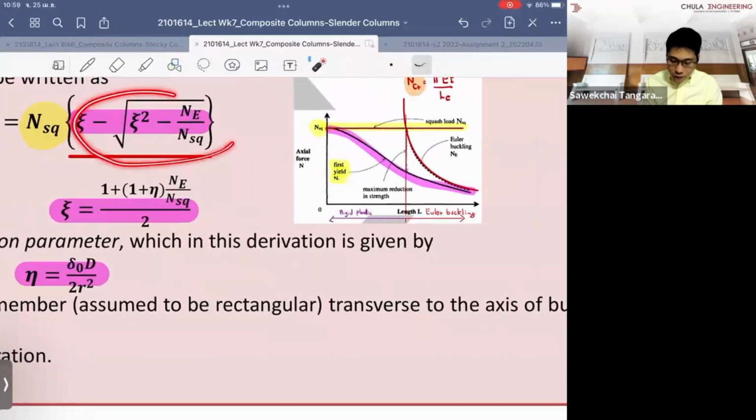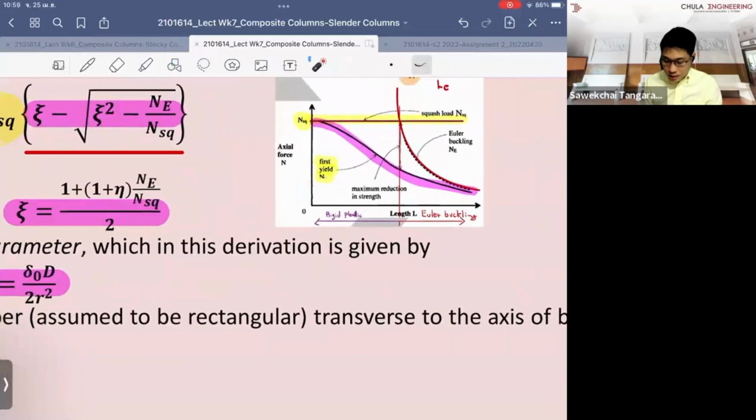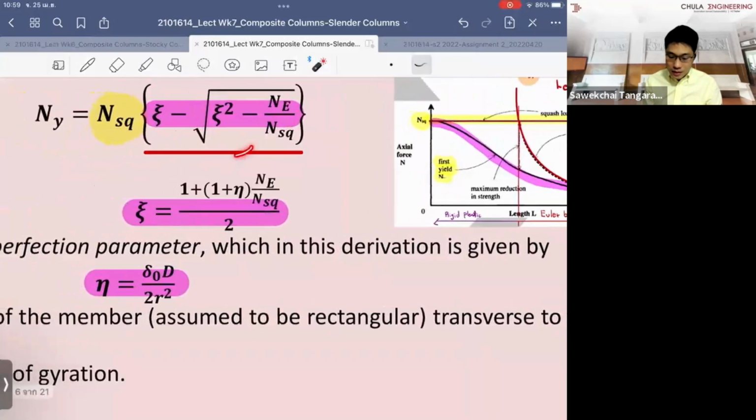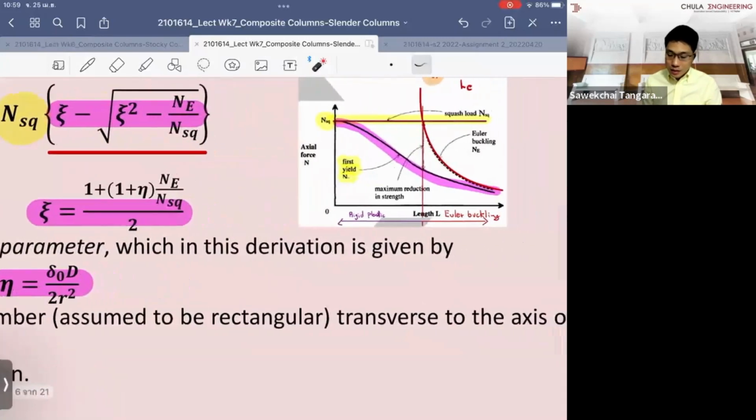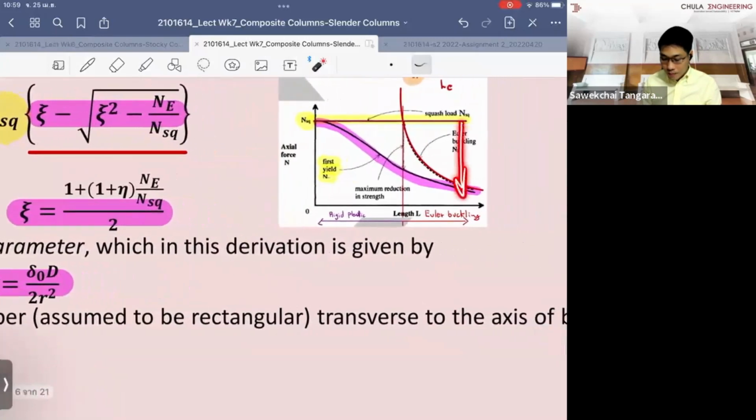So this term tells you the drop as a fraction of the squash load. The more slender the column becomes, the less the factor will be, because this is the reduction capacity. So it's the Merchant-Morley gap that you have here, right?